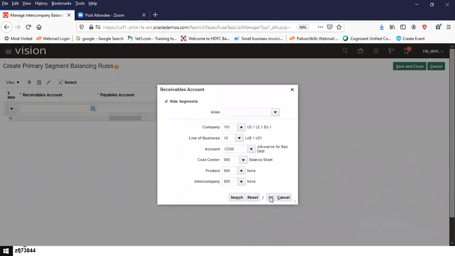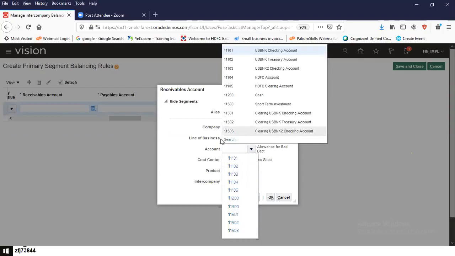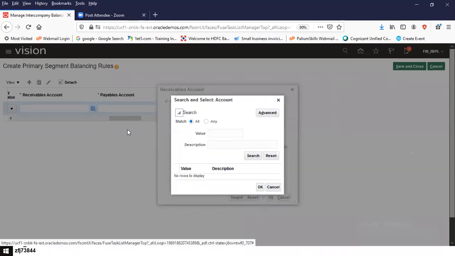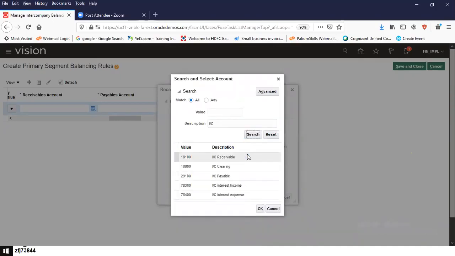Okay. There should be one for intercompany. We have for receivables usually, if there's an intercompany setup, let me look for that. So you have the intercompany receivables.